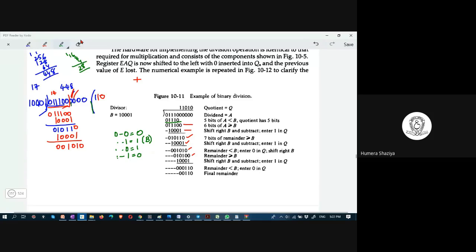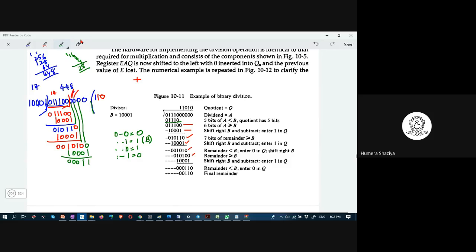This one is here, then this one is here, and this number evaluates to smaller, so one more 0. Here you place the divisor, and this is 1, 1, 0, 0, 0.